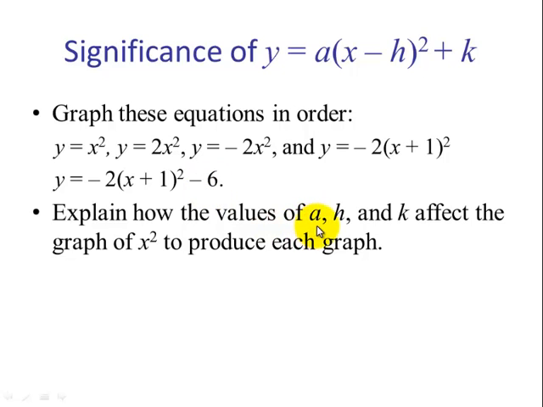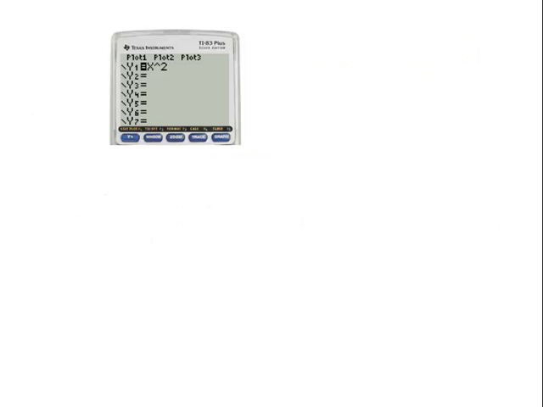And we will look at how the value of a, h, and k affect the graph of x squared to produce each graph.